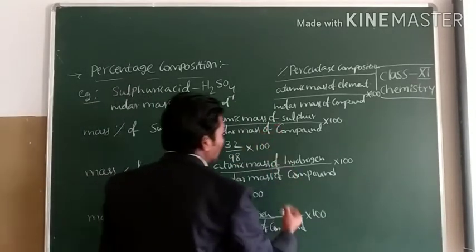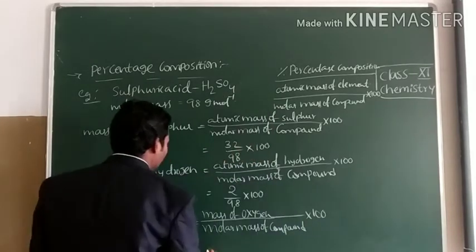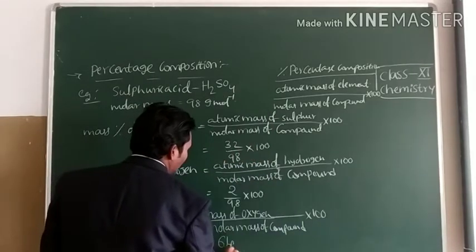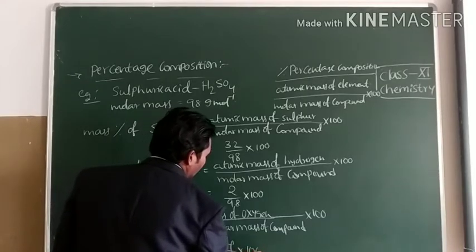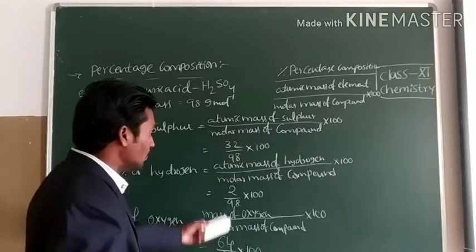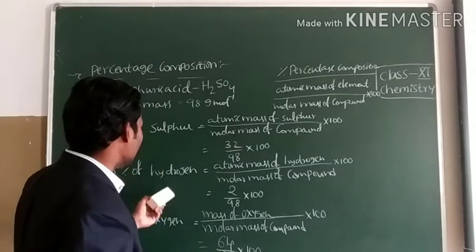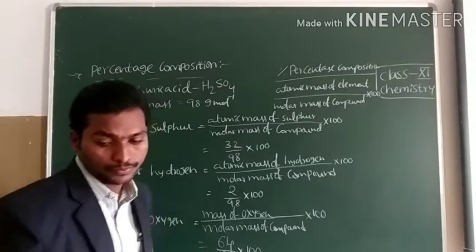The mass of oxygen, how much? 64 grams, that's 4 atoms. So 64 by 98 into 100. When we simplify this, we will get the mass percentage of each element in the compound.